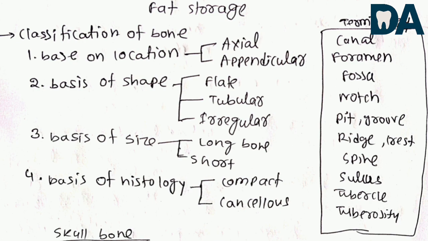Examples: bones of limbs. Short bone, bones that are cuboidal in shape. Examples: tarsal bones in the feet. On the basis of histology: compact. Example: cortical part of long bone. Cancellous. Example: marrow of long bones.